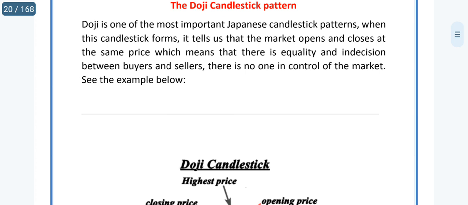There is no one in control of the market. When this pattern forms, neither the buyers nor the sellers are in control of the market.